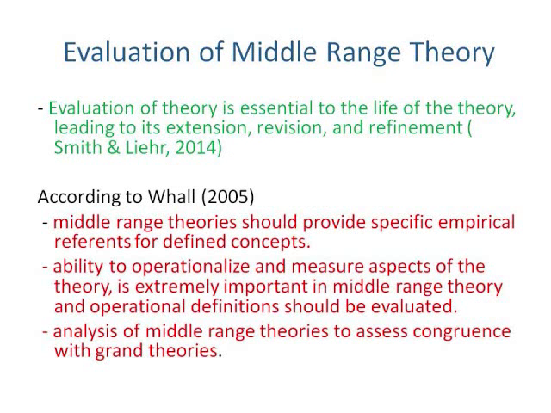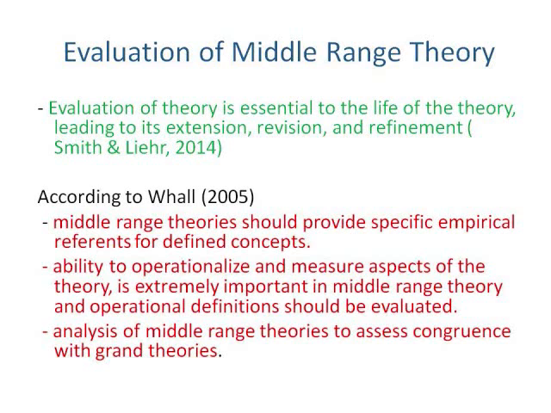We now go to the evaluation of nursing theory. Evaluation of theory is essential to the life of the theory, leading to its extension, revision, and refinement. According to Walls, middle range theory should provide specific empirical references for defined concepts.